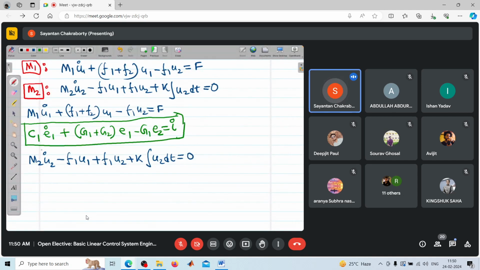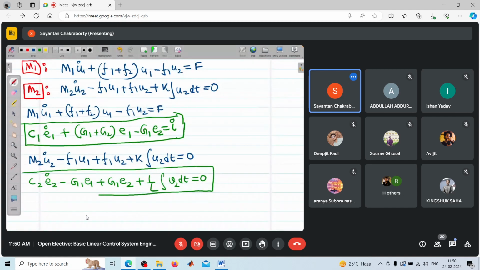So from that you can write C2 E2 dot minus G1 E1 plus G1 E2 plus this K will be 1 by L integration E2 dt is equal to 0. Right? Now let us try to develop the circuit. So first we draw the current source that we have, I.